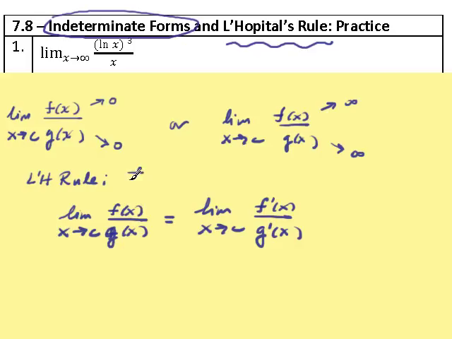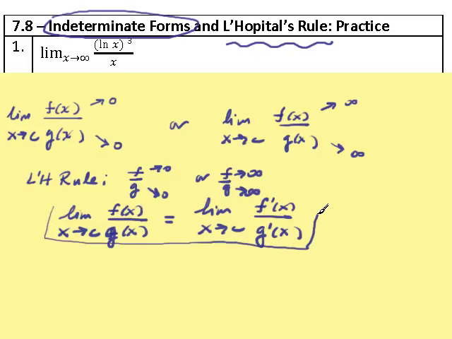In other words, f over g is going to 0 over 0, or f over g is going to infinity over infinity. So when we have that indeterminate form, then we can take the limit of f prime over g prime, and this sometimes helps because sometimes f over g is indeterminate, but f prime over g prime is not.